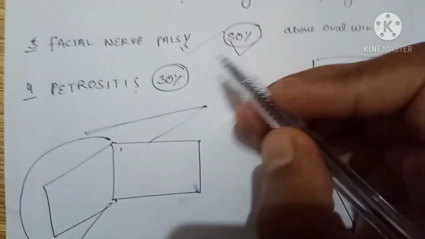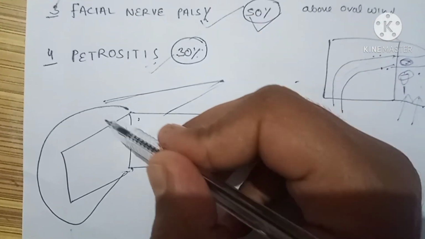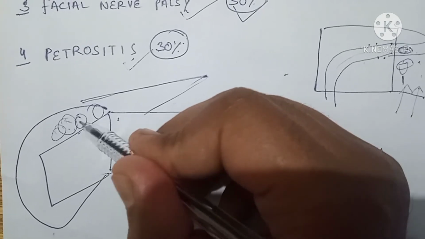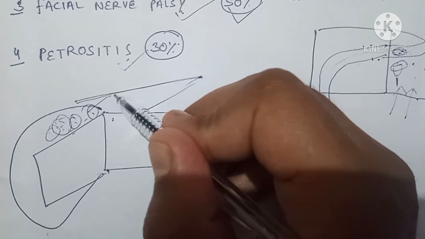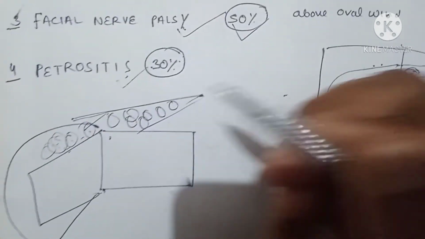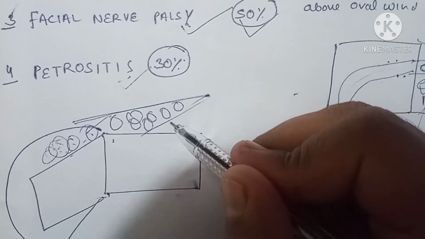The fourth complication is petrositis, means there was already mastoiditis, okay, and the hyperemia was already there within the mastoid, and this traveled into the petrous part of the temporal bone. Now we need to understand this complication does not occur in everyone.